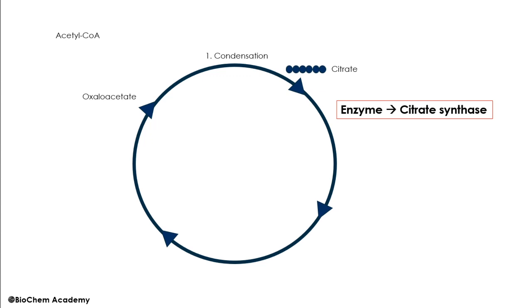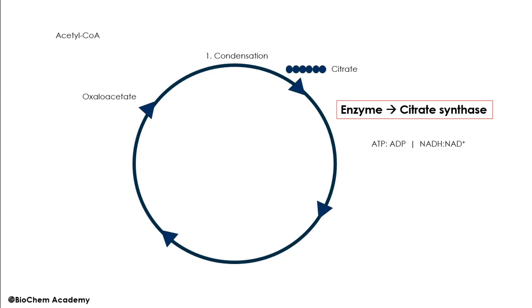This reaction is catalyzed by citrate synthase. Now, citrate synthase has been conventionally designated as the first enzyme of the citric acid cycle, which performs the irreversible condensation of acetyl-CoA with oxaloacetate to form citrate.